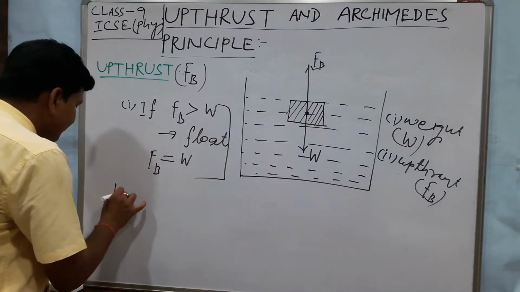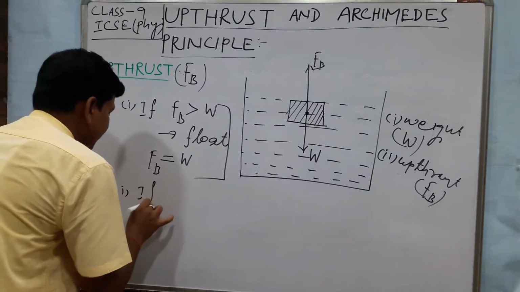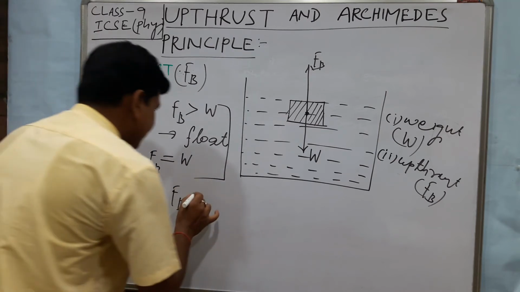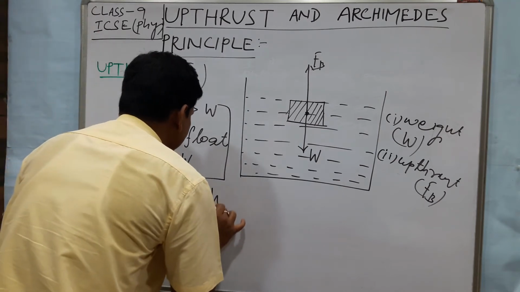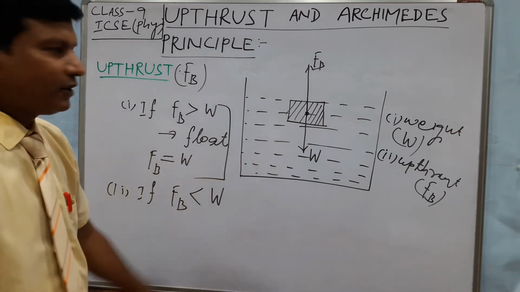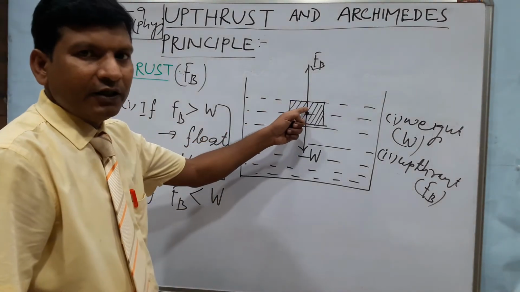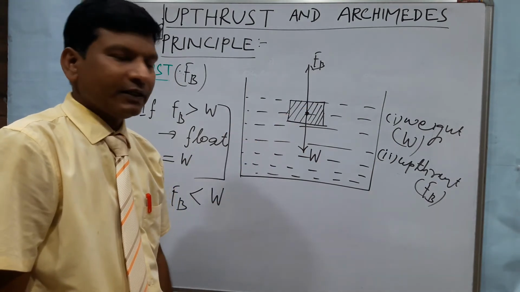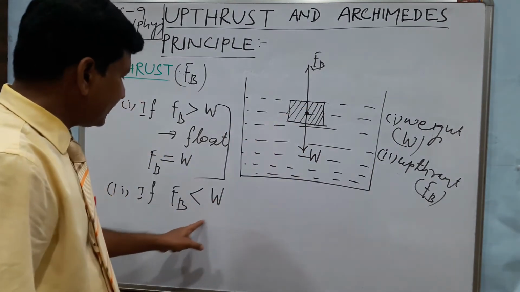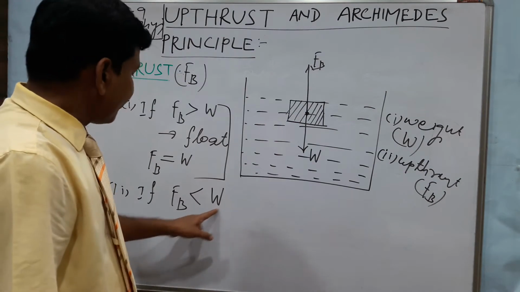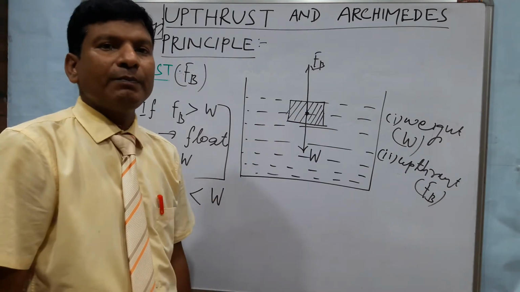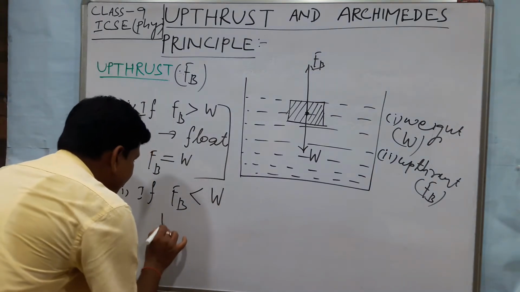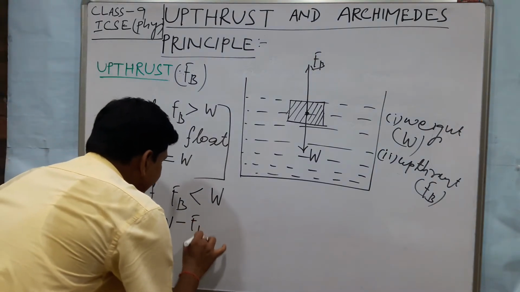Now if this FB, the buoyant force, is less than W, then what happens? Suppose the upthrust acting on the body is less than the weight of the body. In this situation the weight is more, so the net downward force becomes more. The net downward force will be W minus FB.